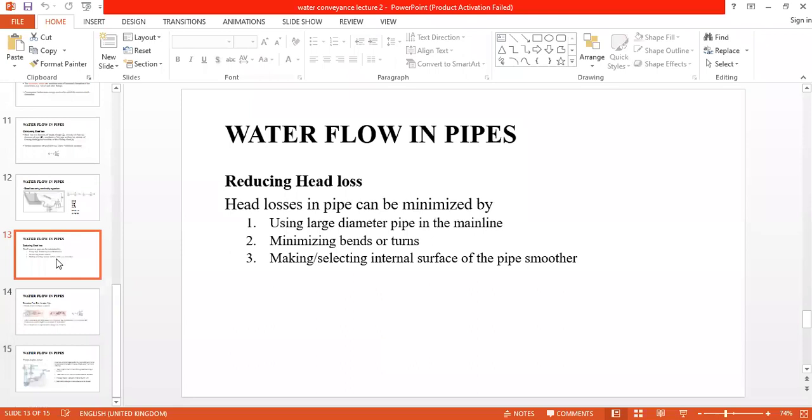Before we proceed, we'll look at ways in which we can reduce these head losses in our pipe system. One of them is using pipes with a larger diameter, but that will mean that you spend a lot of time pumping the water, because the water will be moving at a slower rate in a bigger pipe. The second thing you can do is minimize the bends and the T-junctions.